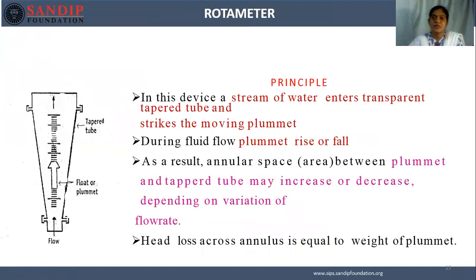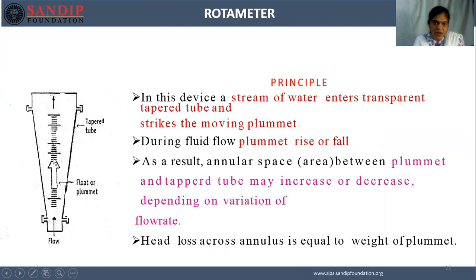Then we'll discuss the next one, that is the rotameter. The rotameter is based on the principle that a stream of water enters a transparent tapered tube and strikes the moving plummet. During the fluid flow, this plummet rises or falls.